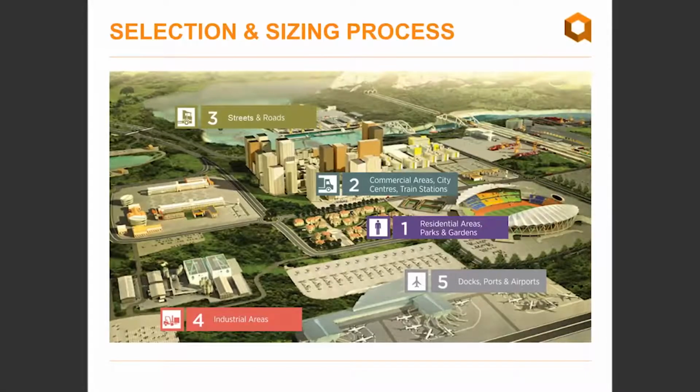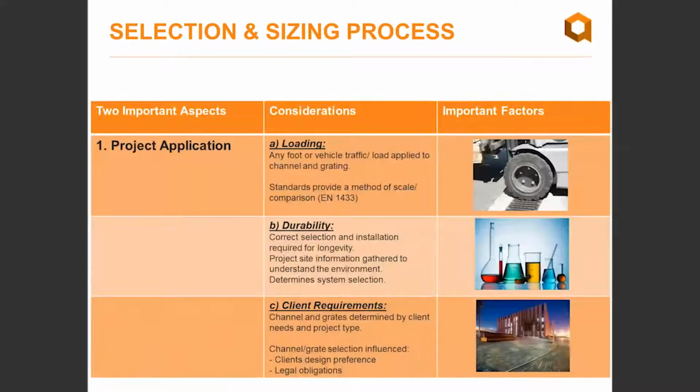The selection process of a trench drain is very systematic. There are two important aspects to consider. The first one is the project application, and the project application has three considerations. The first one is the loading. What type of traffic and traffic pattern is applied to the trench drain? Is it pedestrian, vehicular?